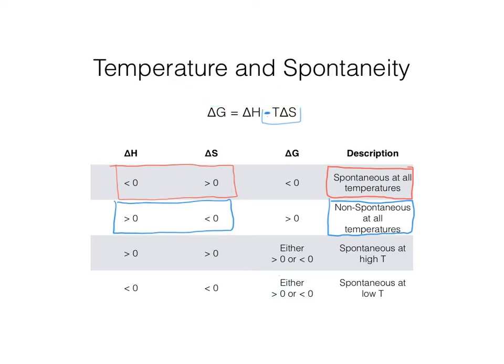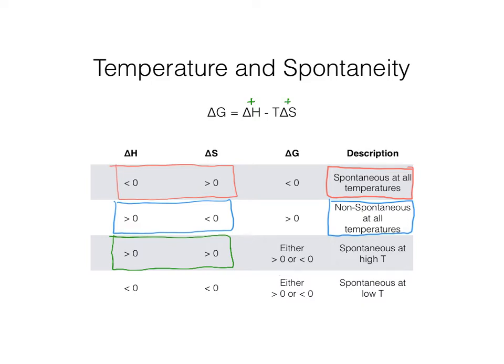Okay, so now let's keep marching through the different possibilities. Another possibility is that we have an endothermic reaction with a positive delta S. So this means that delta H is positive and delta S is positive.